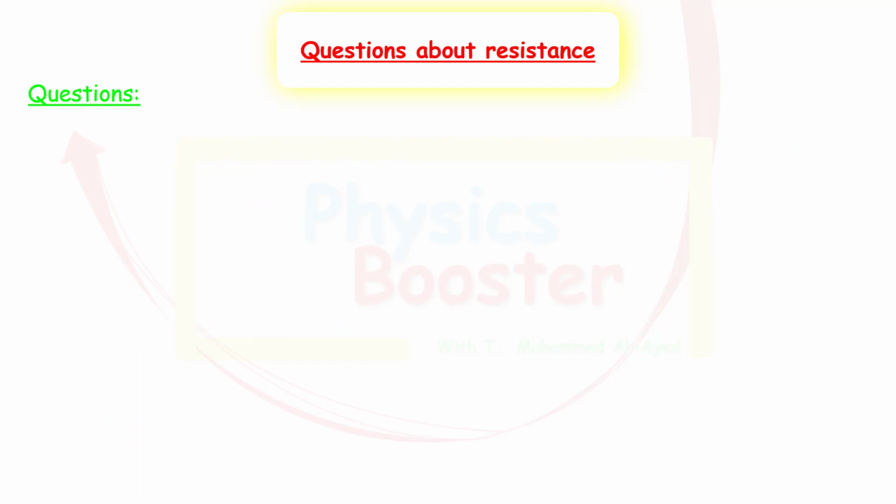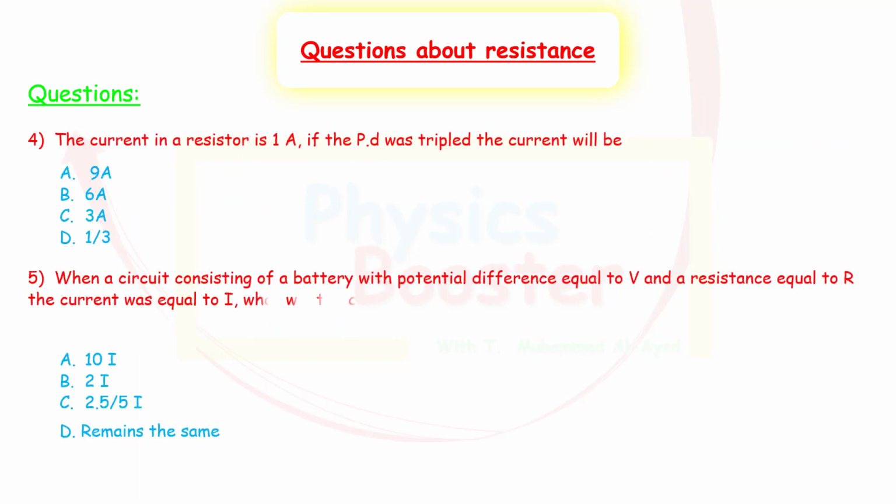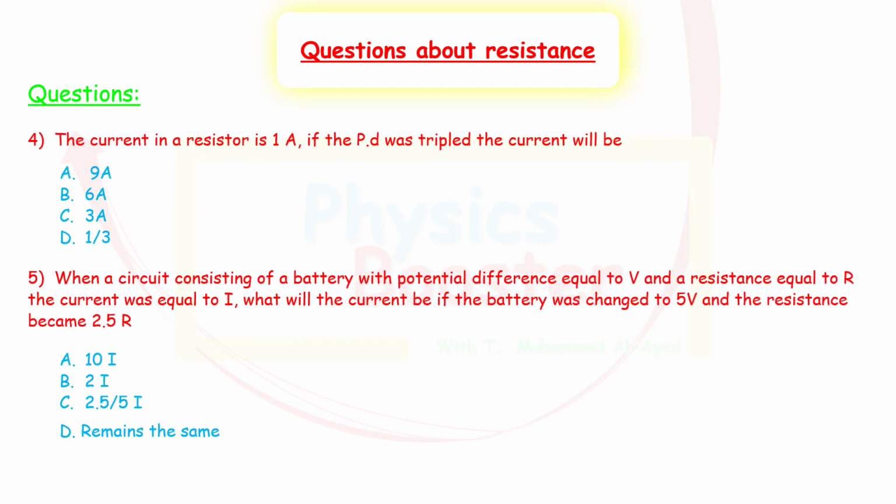Next question: the current in a resistor is 1 ampere. If the potential difference was tripled, the current will be, again, it's asking about the current, so we can say the following: I is equal to delta V over R. And let's call this I1. Now, in this case, I1 is equal to 1 ampere, correct? Now, it's asking what will happen if the potential difference was tripled.